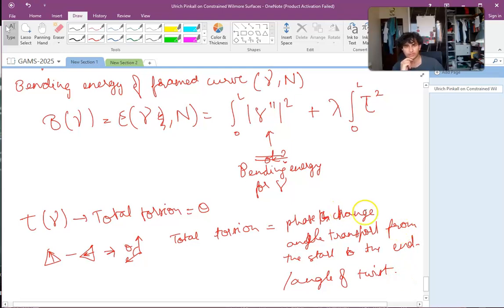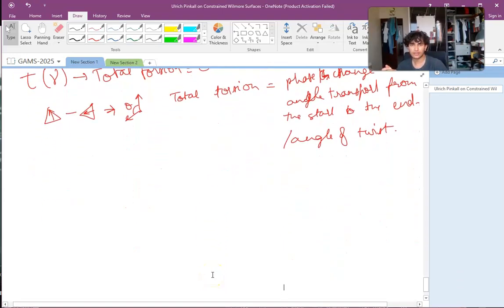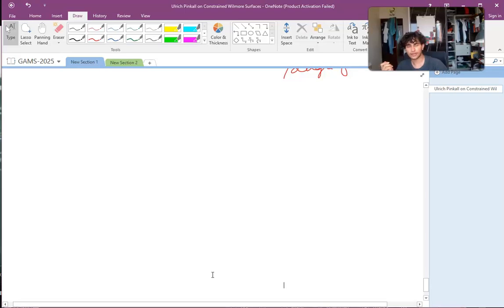Okay. So now we have understood our frame curves pretty well, right? And what we want to know is, this is all well and good, how can we do the same for surfaces?